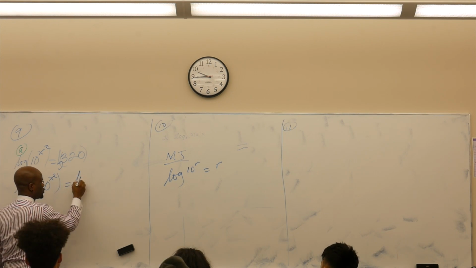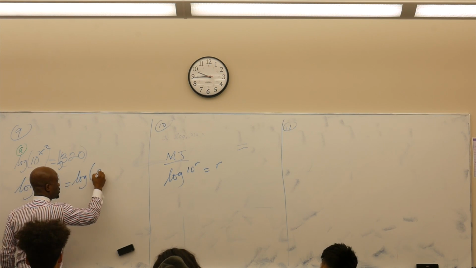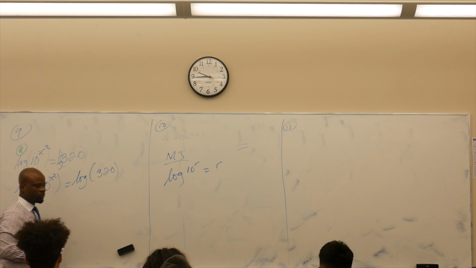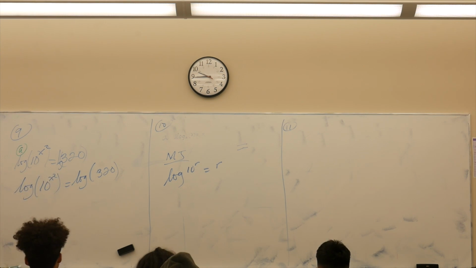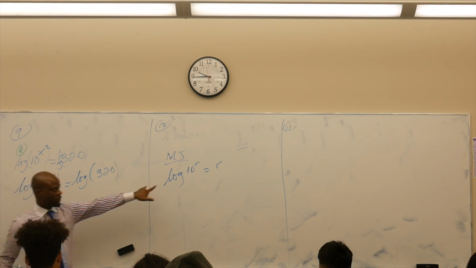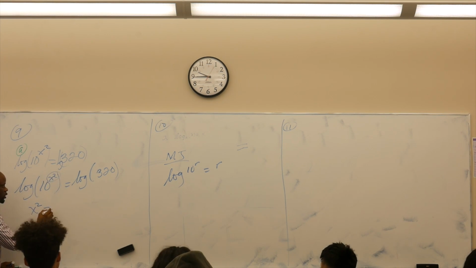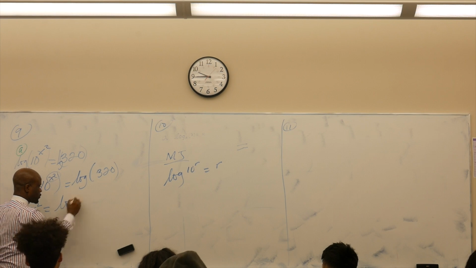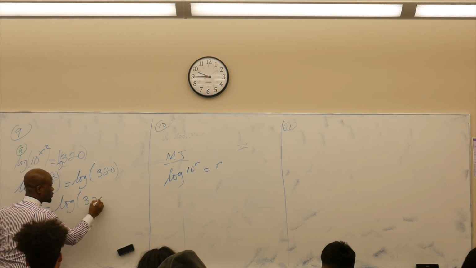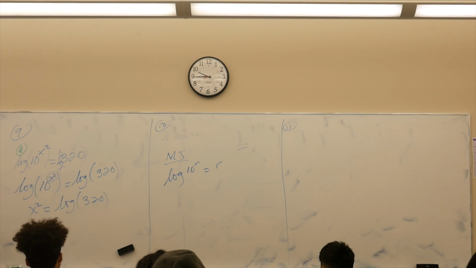This equals the log base 10 of 320. Right? So now we apply this property from here. Our answer should be our exponent. So then we got x squared is equal to the log of 320.